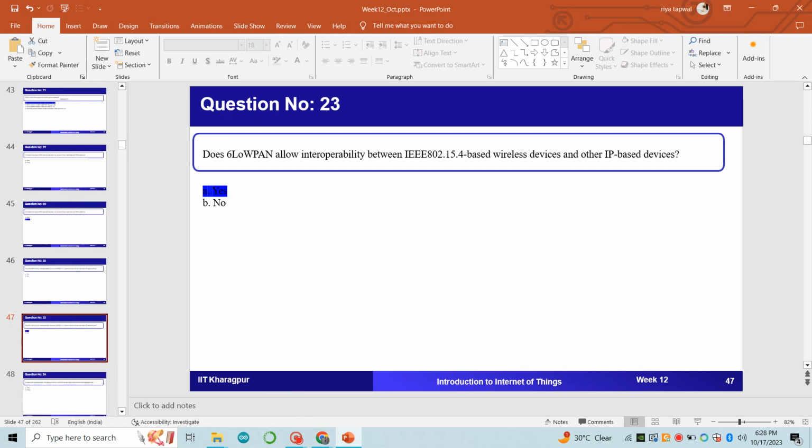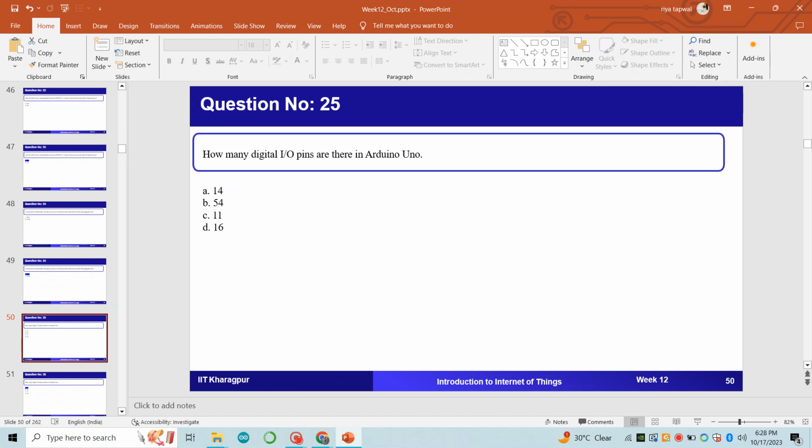Right, option A is correct. Next question is, in smart grid communication, the gateway acts as a link between smart meter and data aggregator unit. True or false? True. Option A, true. Right, option A is correct. This statement is true.